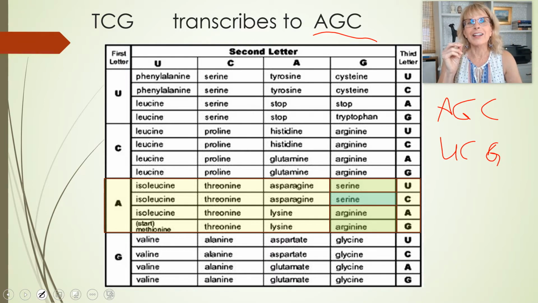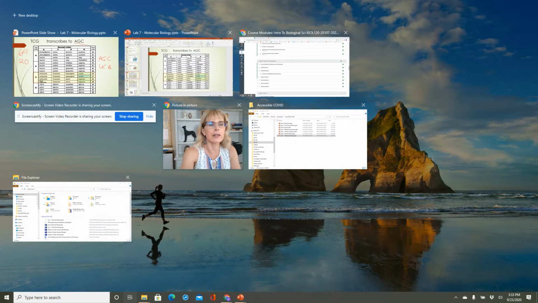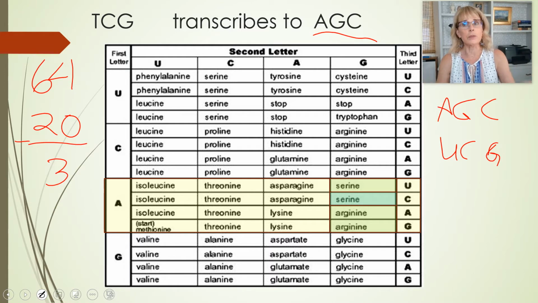So the last thing I left you with is that this system was not devised the way a committee of people would have devised it. If a committee saw that there were 64 codons and 20 amino acids, we probably would just have 3 codons for each amino acid.